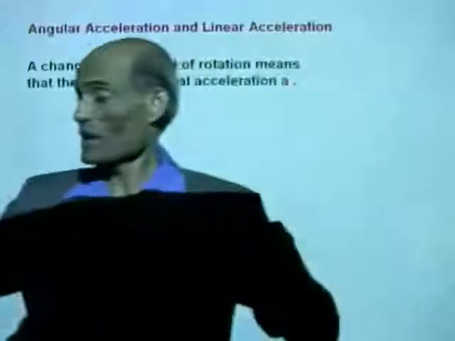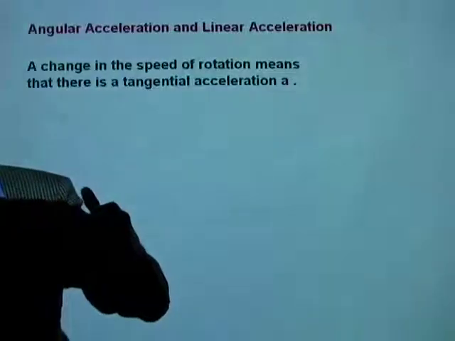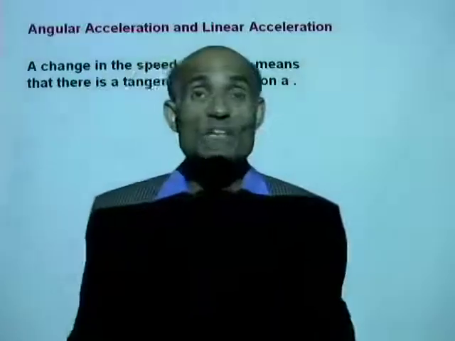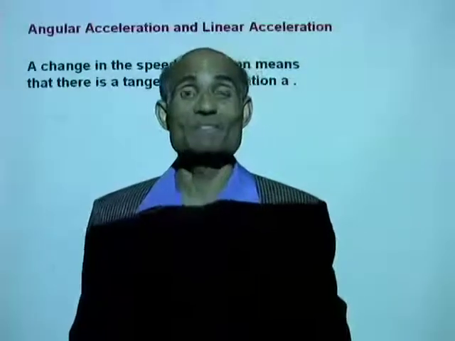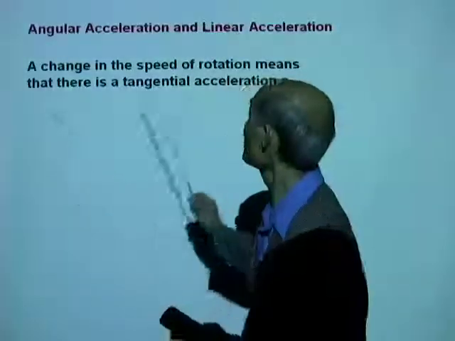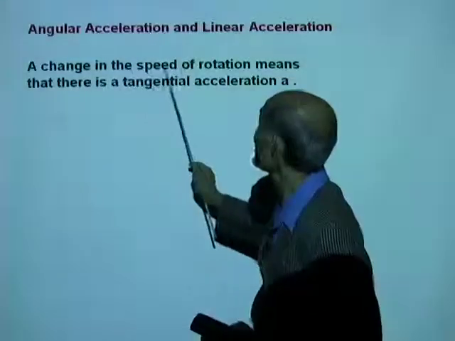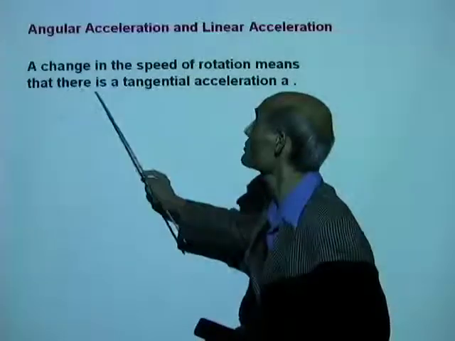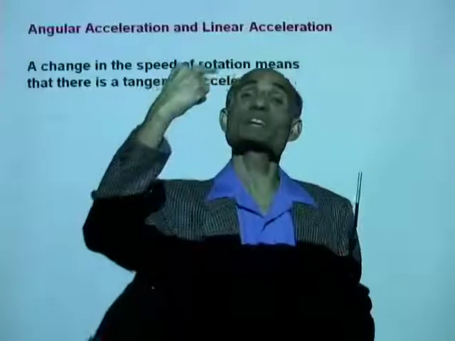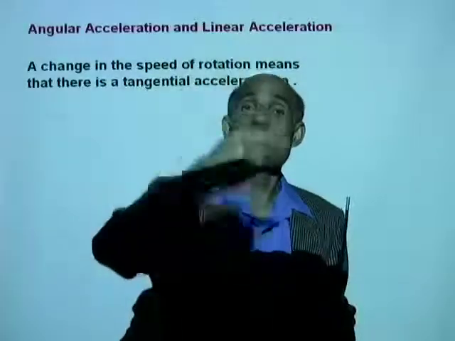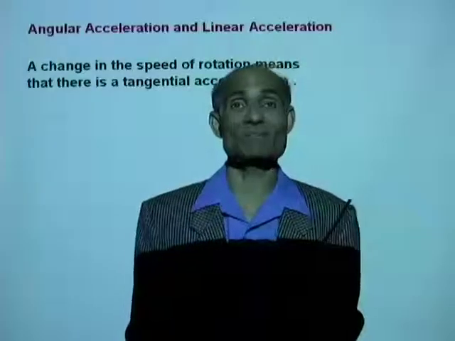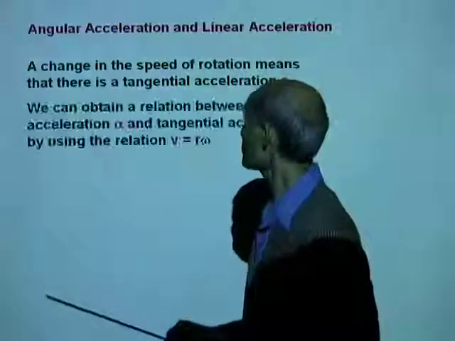That means an increase in the angular velocity results in an increase in the linear speed of every point on the object. That means a change in the speed of rotation means that there is a tangential acceleration, a linear acceleration for every point on the object that rotates. I hope you understand that.